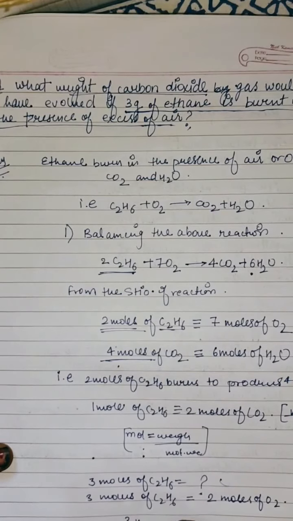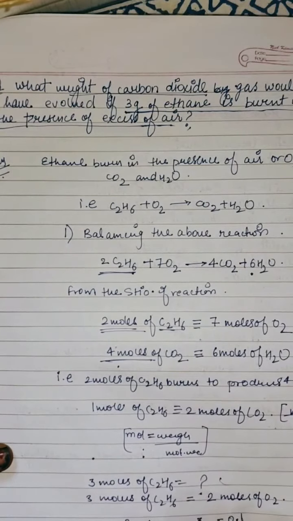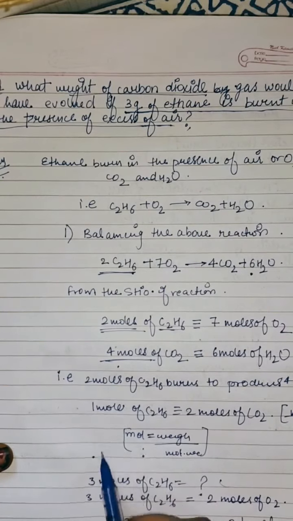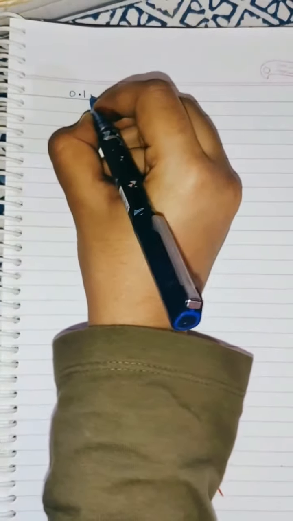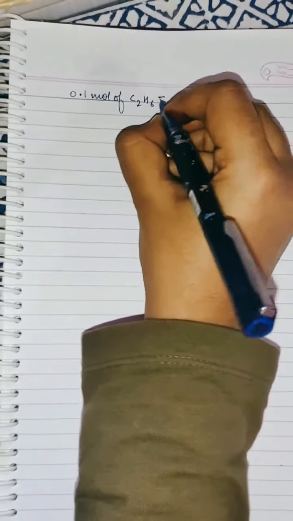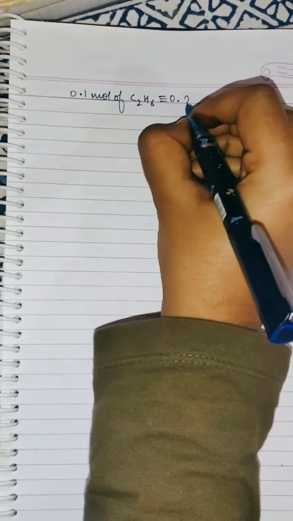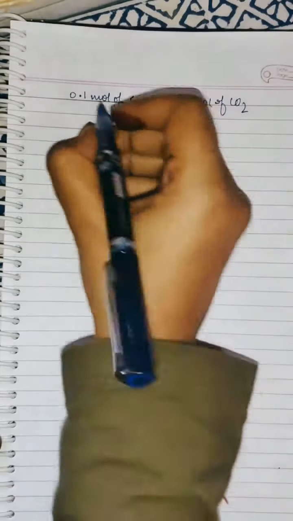Then 3 gram equals 3 upon 30 equals 0.1 mole by using this formula. Then 0.1 mole of C2H6 gives 0.2 mole of carbon dioxide.